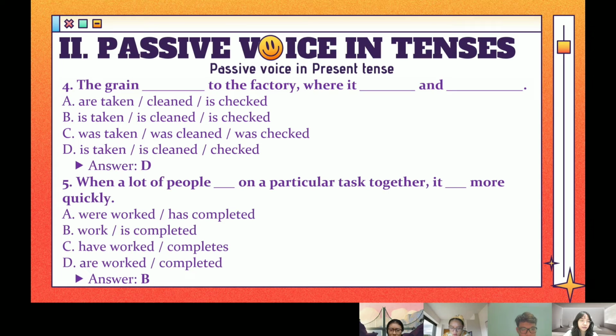Apply the structure and we will have the verb in the passive, is being accused. You can write by someone here, but this agent is an indefinite pronoun, so you can omit it.